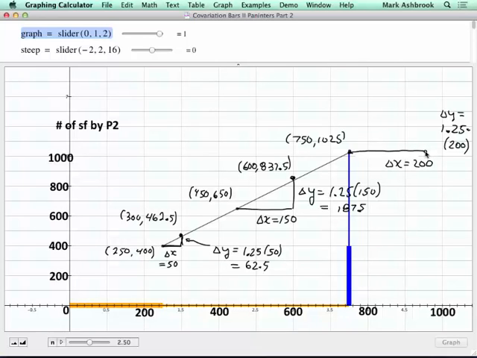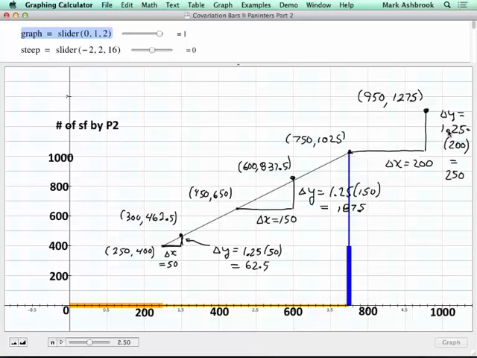Is it 250? Then what? And so the new total is? $1,275.